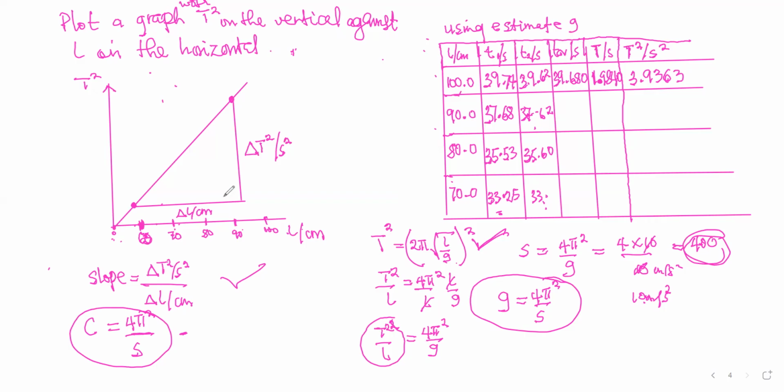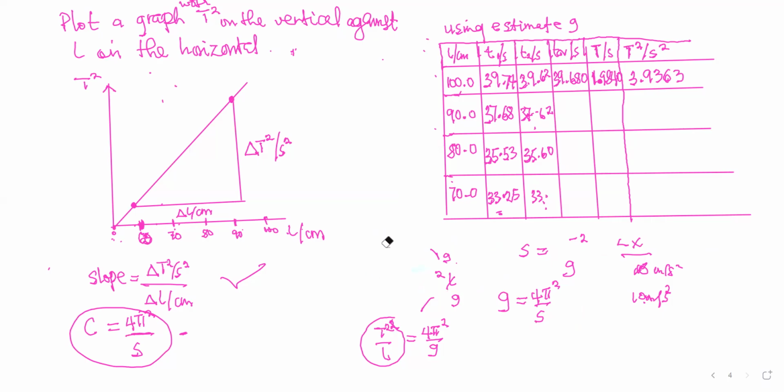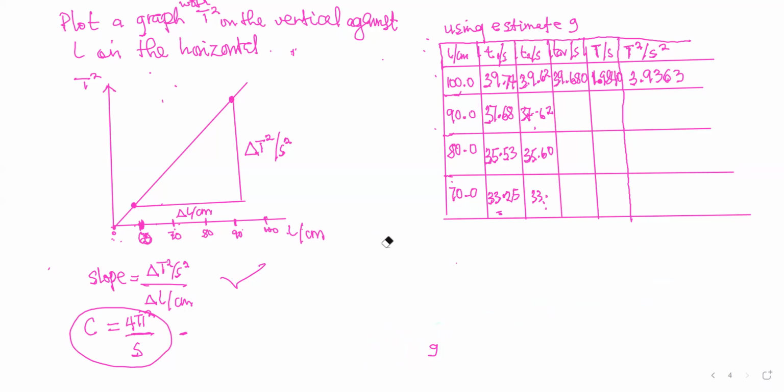Yes, please. Sometimes instead of T squared against L, with the same formula, they can manipulate it so that you plot something different. Let me give you another possible graph question. T is equal to 2 pi times root of L over g.